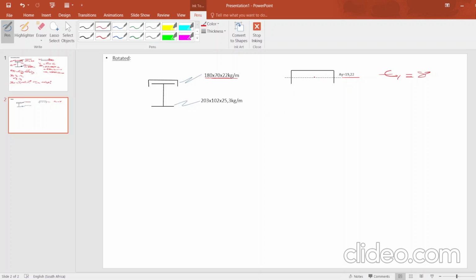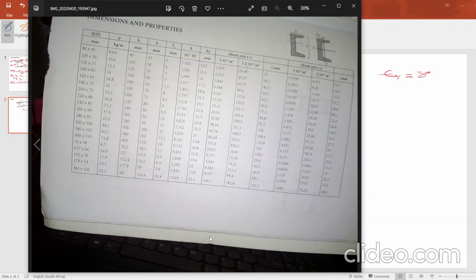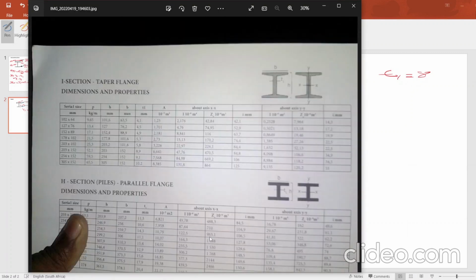Now, when you are calculating the Y1, if we make the channel our area 1, then we make our profile our area 2. In calculating the Y1 there, it will be the height of your eye profile. Then you need to look for it in your hot roll. Let's look for that eye profile there.